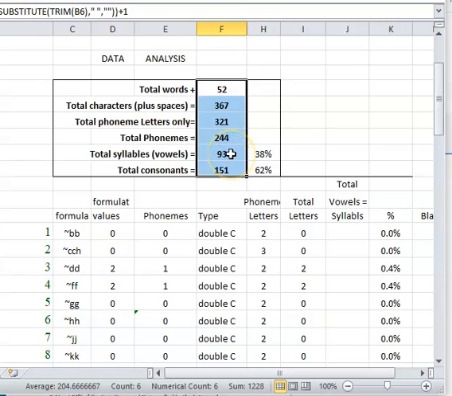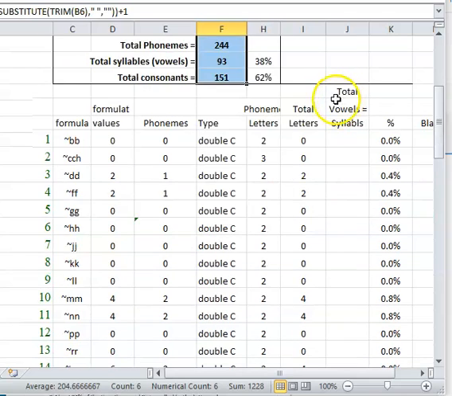And now, what is interesting, when you have consonants and vowels, here in this particular case, you have 38% vowels and 62% consonants. What happens in that case for the vowels is that there is one vowel per syllable. So the vowels also count the syllables in Truespel. That is designed to be like that.